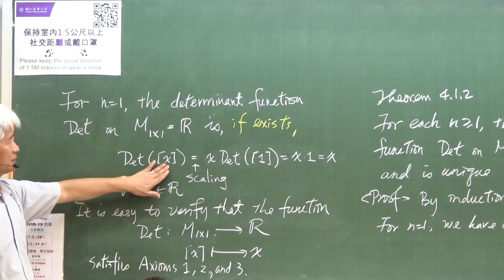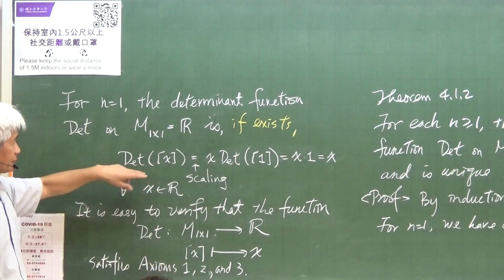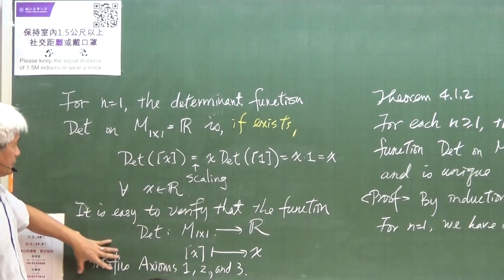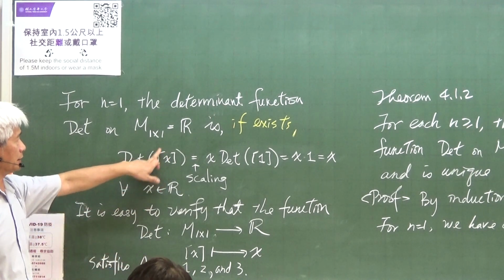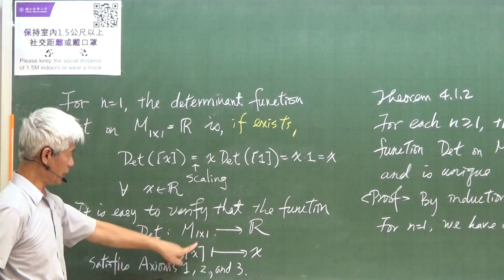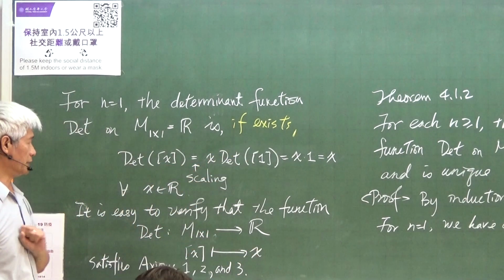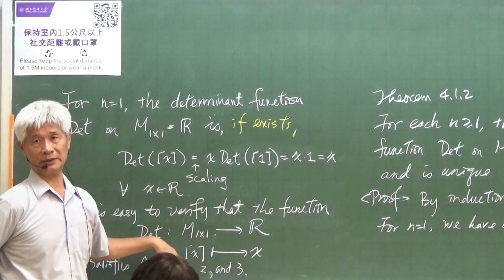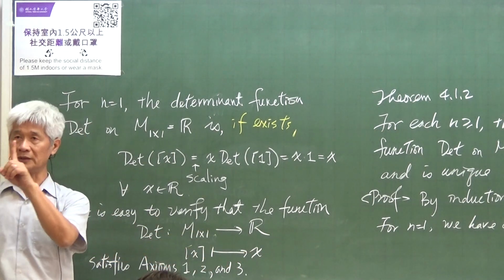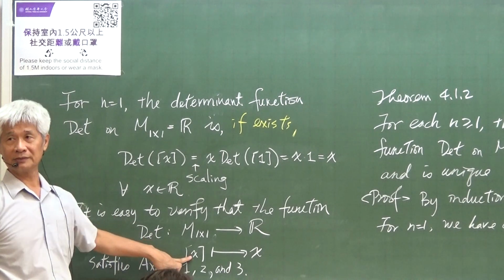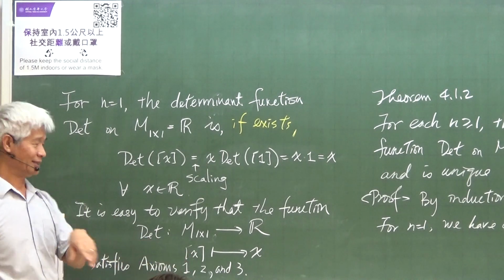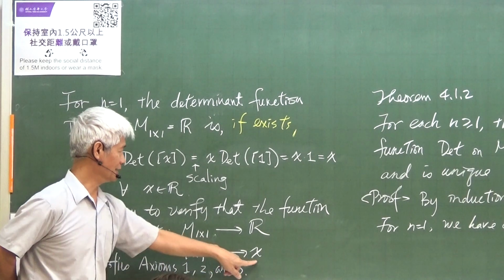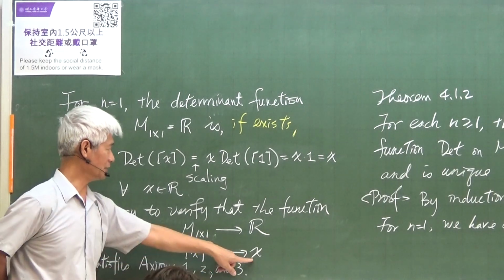And it's very easy to see that it satisfies axiom 1, because if x equals 1, then it's 1. Linearity holds, of course, because you have only one row, and it has only one entry, so this is a linear function.